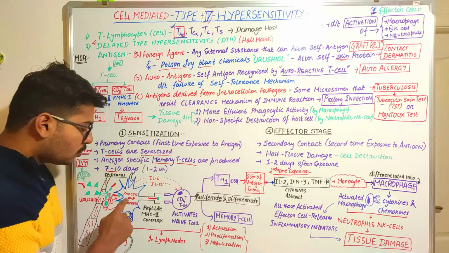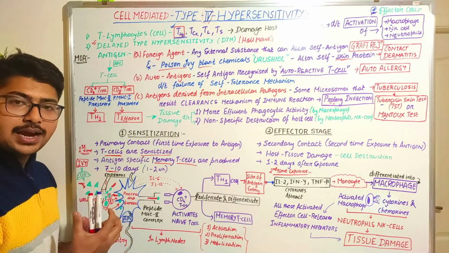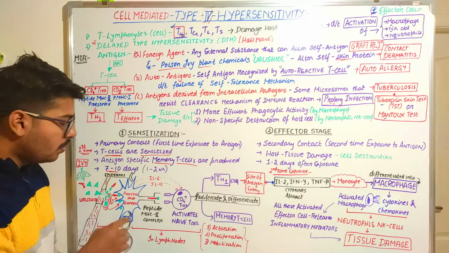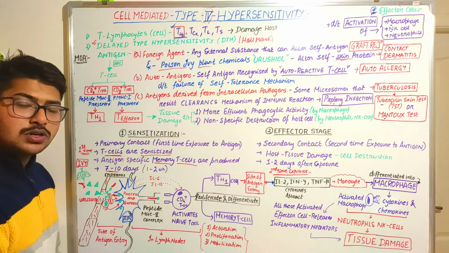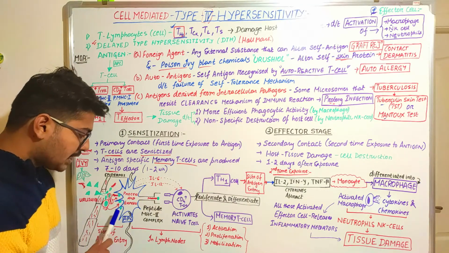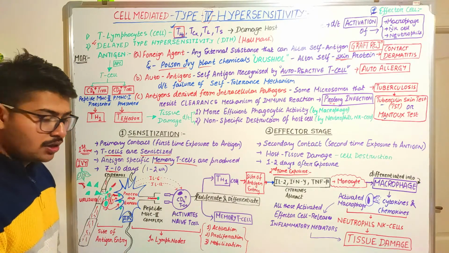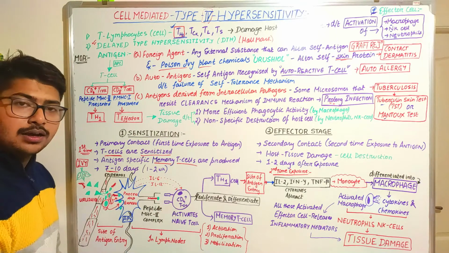That process is known as processing. It then expresses that modified determinant form on its cell membrane, and that process is known as expression.